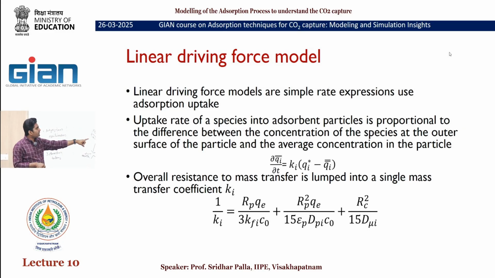The mass transfer coefficient has the first term, the film resistance, then the macropore resistance and the micropore resistance. Everything we clubbed into one mass transfer coefficient and used it here to define dou qi bar by dou t, and we are calling this the linear driving force model. There are a few advanced models like QDF also available, which is the quadratic version of this driving force model.